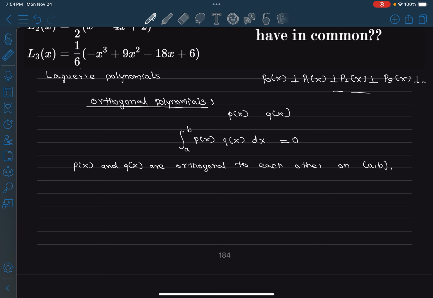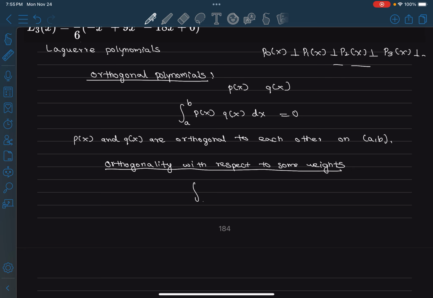How that works is, along with these two polynomials, we also have some weight, say w(x), and with that weight, their integral becomes 0. In this case, they are orthogonal with respect to the weight w.